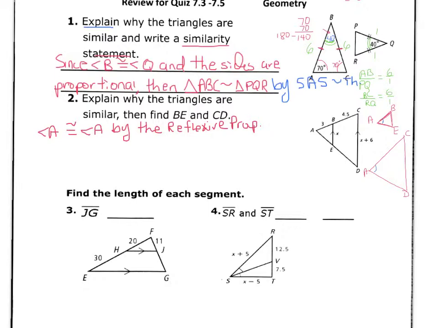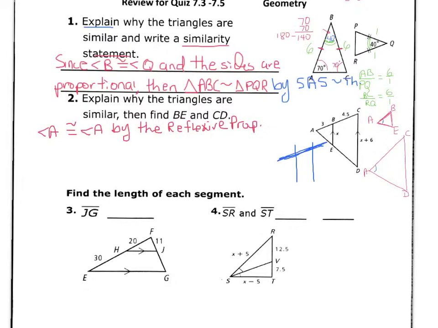Another thing that you can mention is that these lines are parallel. If I have lines that are parallel and a transversal passing through them, this angle is congruent to this angle. I'm going to do a small sketch of what is happening.